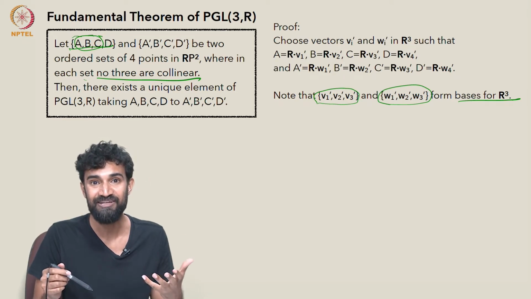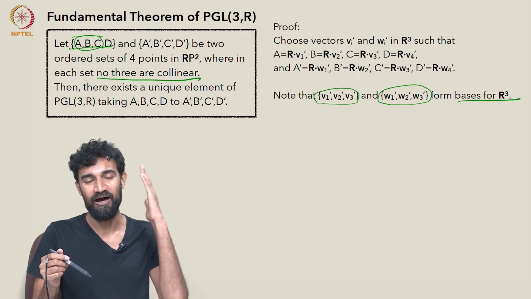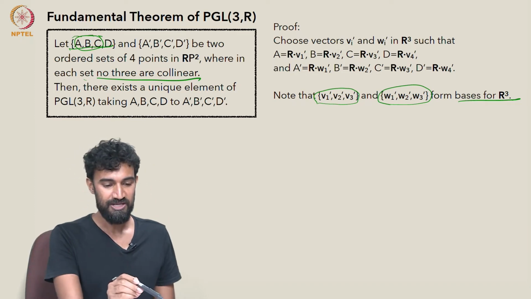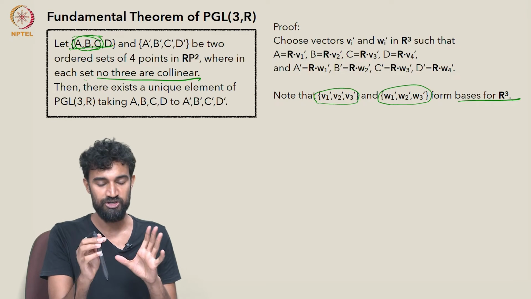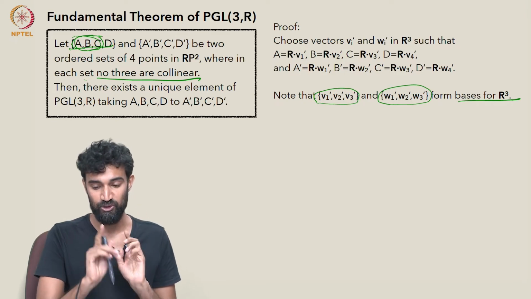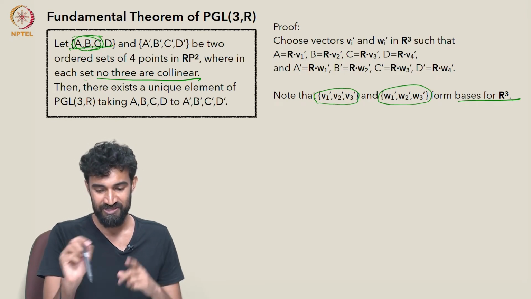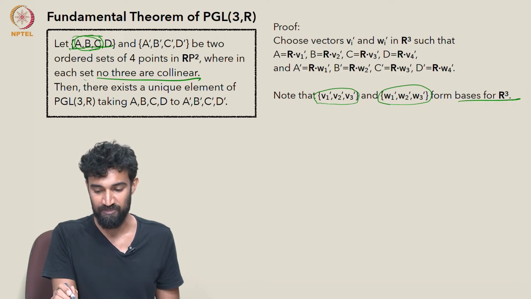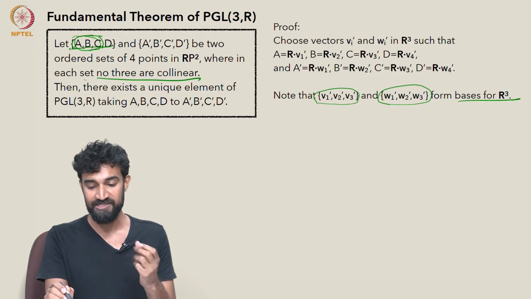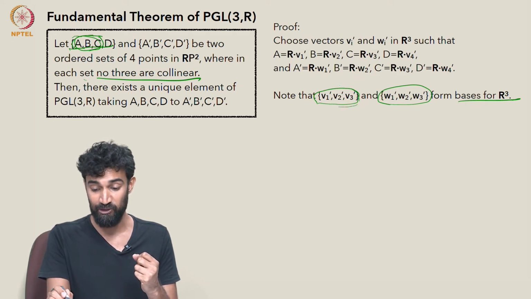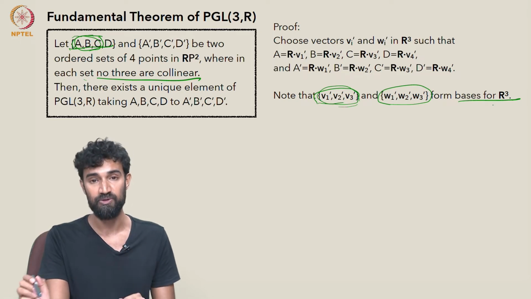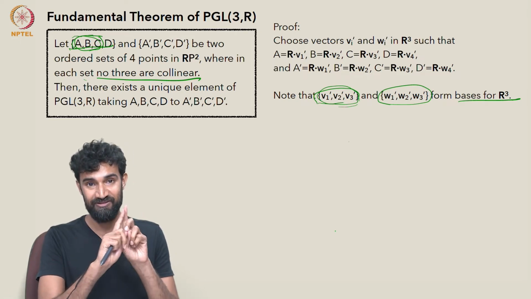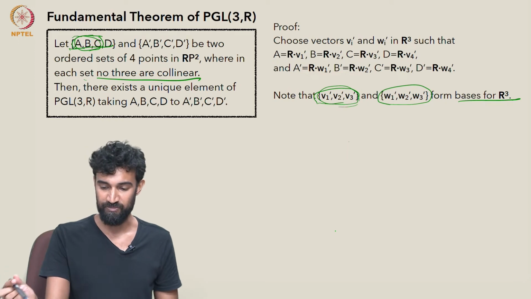A projective line in RP2 is just a plane through the origin. So A, B, and C are lines through the origin, but they don't lie on a common plane through the origin. In other words, if we take vector representations of them, they will actually span all of R3. They won't just span a plane.